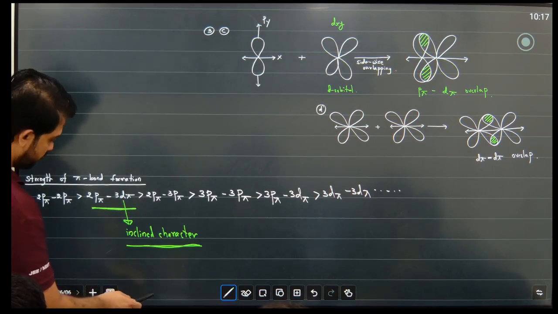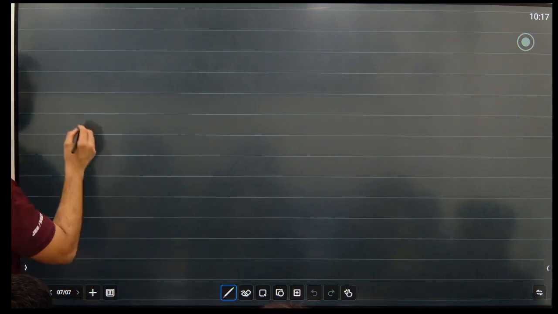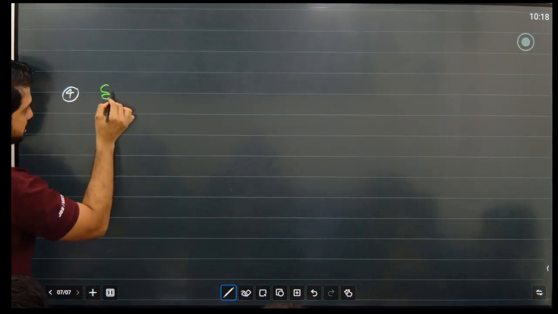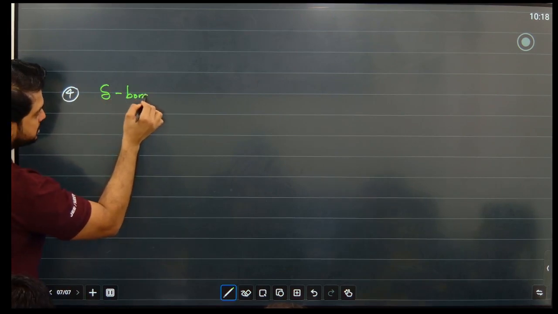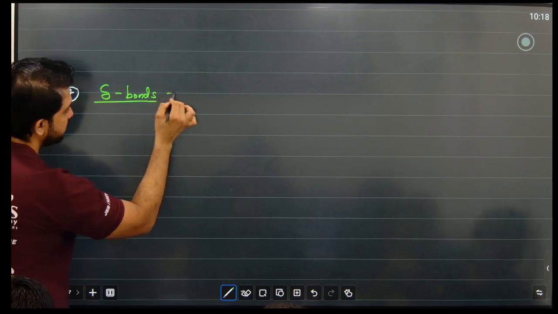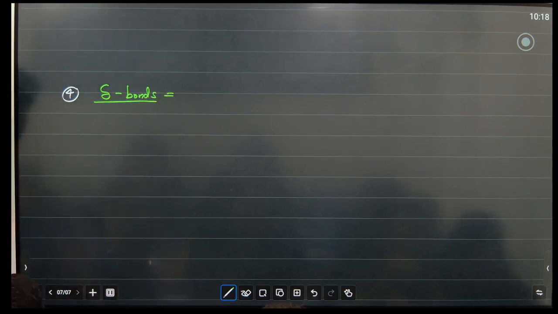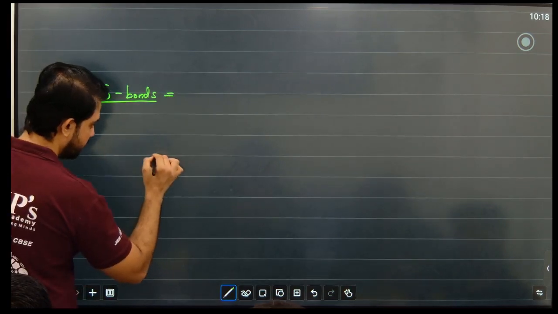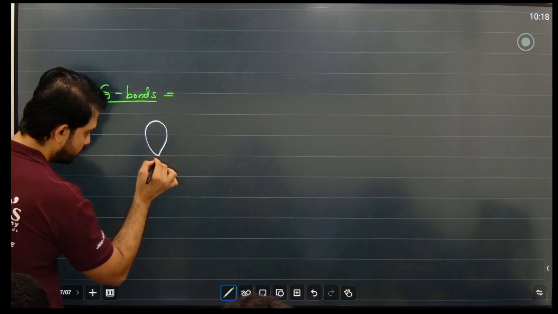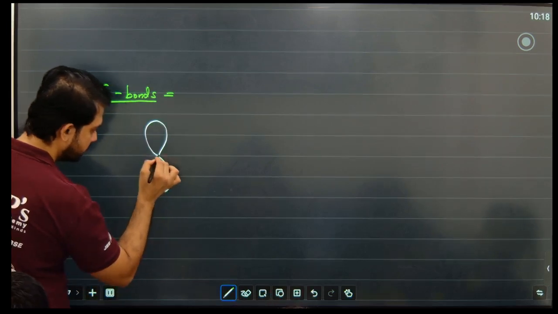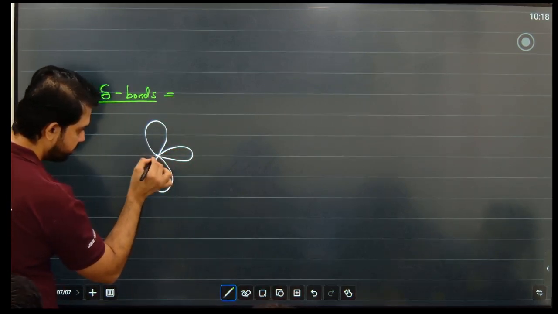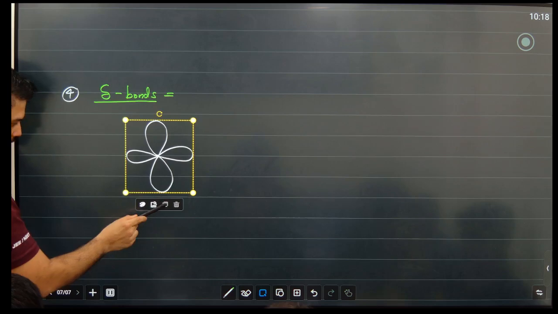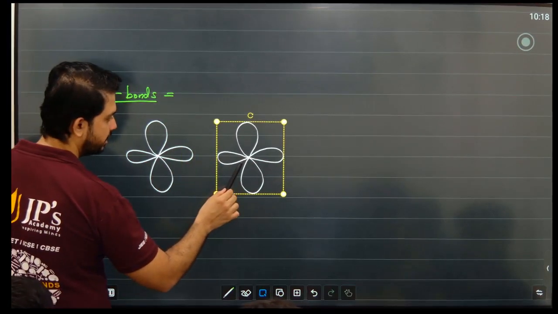And the last type of overlap results in the formation of delta bonds. We don't study delta bonds in that much depth, though I'll still give you an overview when we do coordination compounds. On a two-dimensional board it will be a bit tricky to understand. So let's say I have a d orbital and another d orbital.